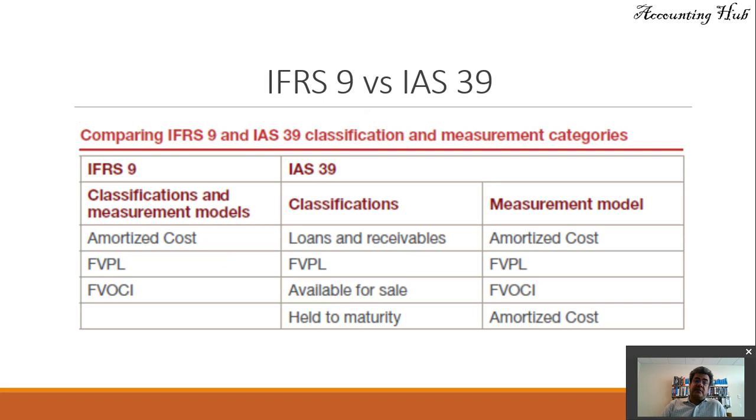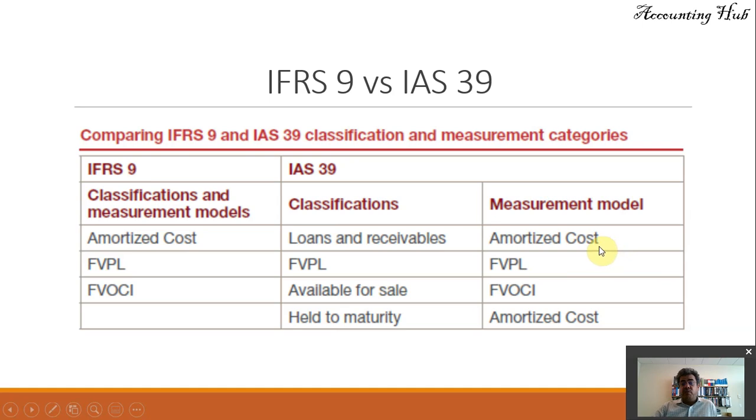And let's compare IFRS 9 and IAS 39. So here: amortized cost, FVPL, FVOCI. IAS 39: loans and receivables, FVPL, available for sale, held to maturity. So no available for sale, no held to maturity anymore.